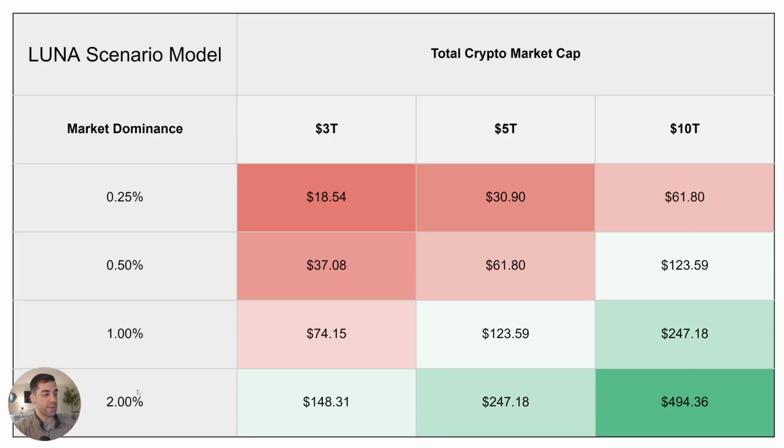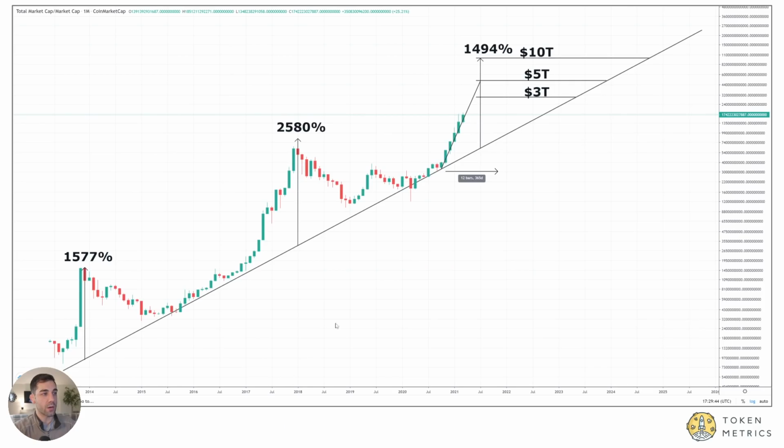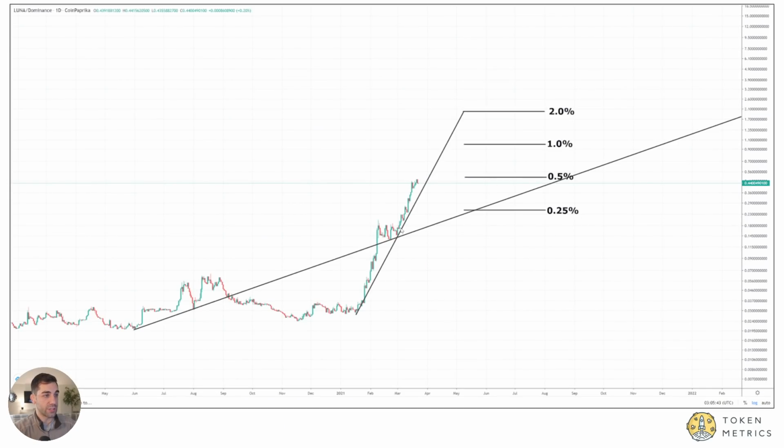But I do think that the 2% scenario model that we built in, where Luna just continues this leg up and goes to 2% market dominance, right? When you start rising in market dominance this much, you have to take or steal market dominance away from other large cryptocurrencies.